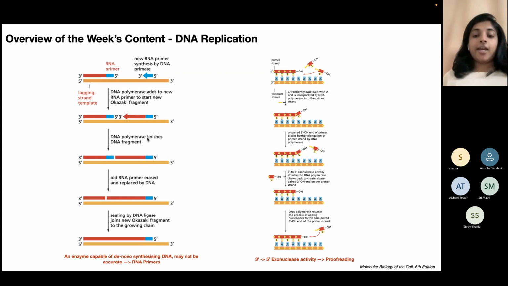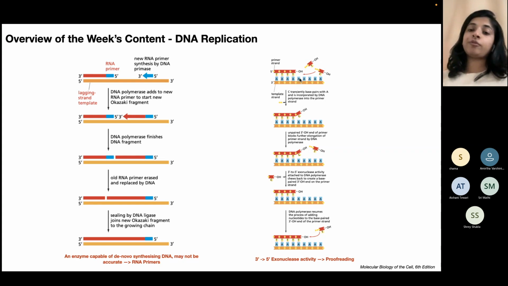Another activity of the DNA polymerase in itself is this 3' to 5' exonuclease activity, which serves as a proofreading. So essentially, say there is an incorrect base that is added, because the only activity of the DNA polymerase is to choose bases and add them to the 3' end, and any base can be added.